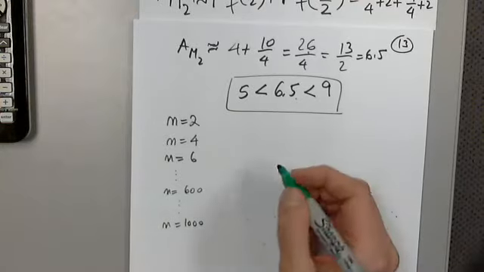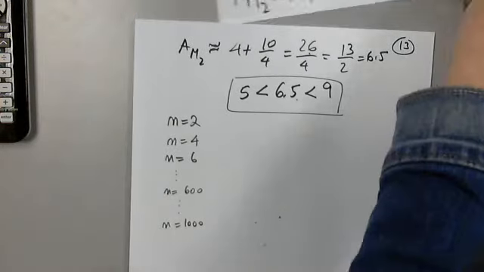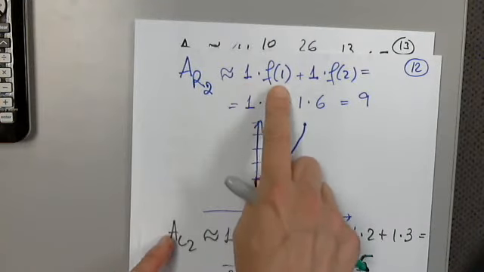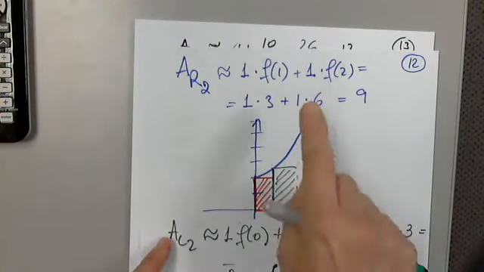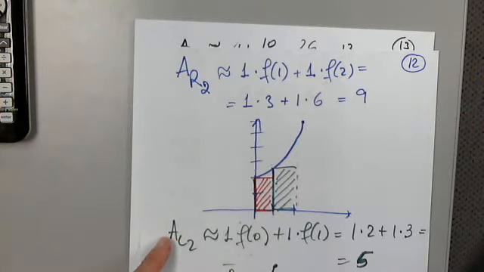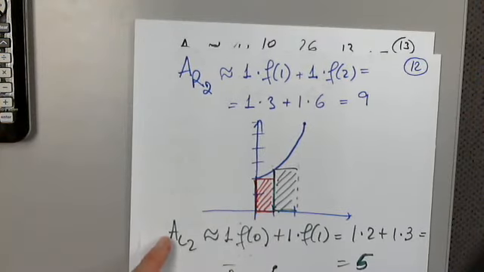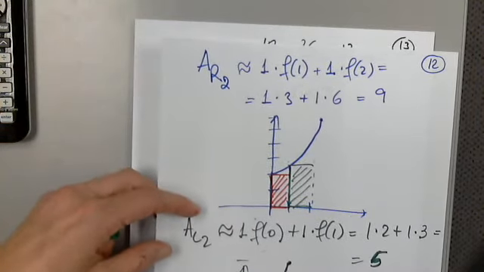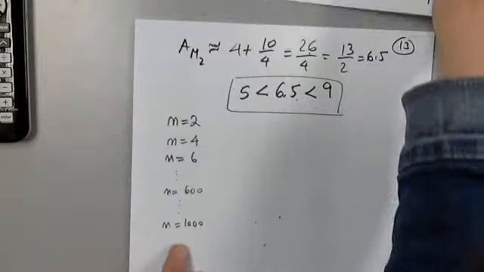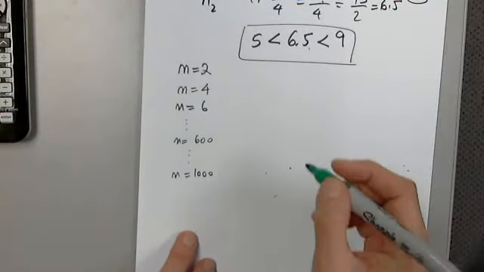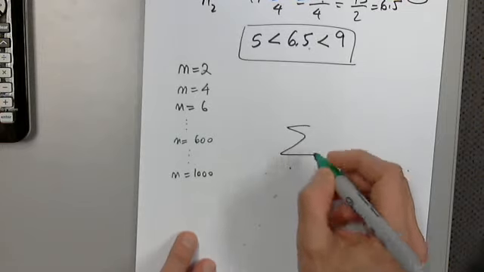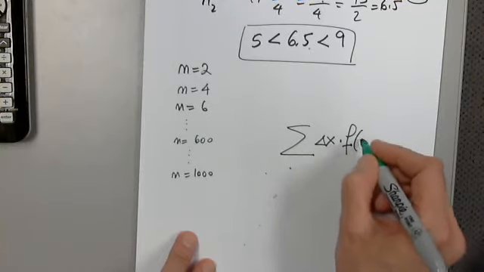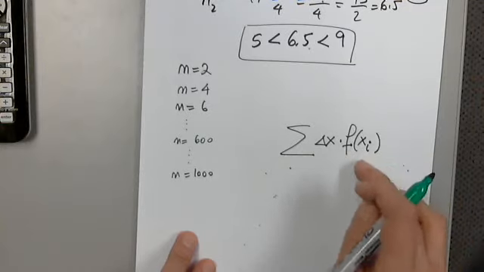Okay. So first of all, let's identify what we have here in all these 3 situations. Delta x times f of x plus delta x times f of x plus, if I have more than 2, delta x times f of x, and so on. What does that mean? What am I telling you? I'm telling you a sum. Correct. Awesome. From delta x times f of xi, and this is xi because x changes.